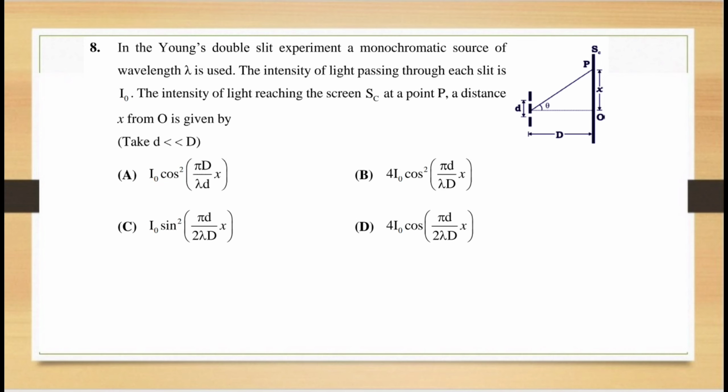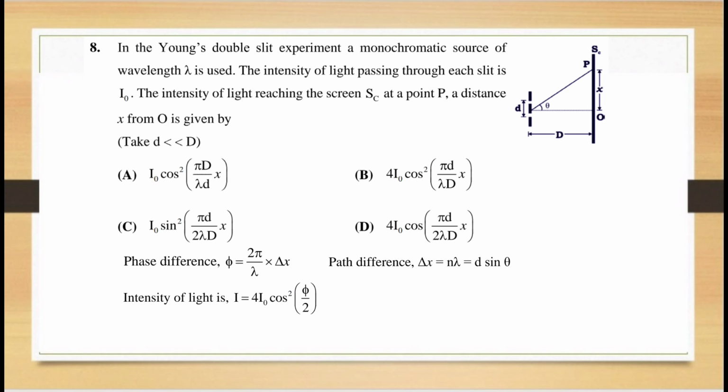Here small d is much lesser than big D. Now we know that for double slit experiment, phase difference phi equals 2 pi by lambda into delta x. Path difference delta x equals n lambda, which equals d sin theta. So we know the formula for intensity of light is I equals 4 I naught into cos square phi by 2.